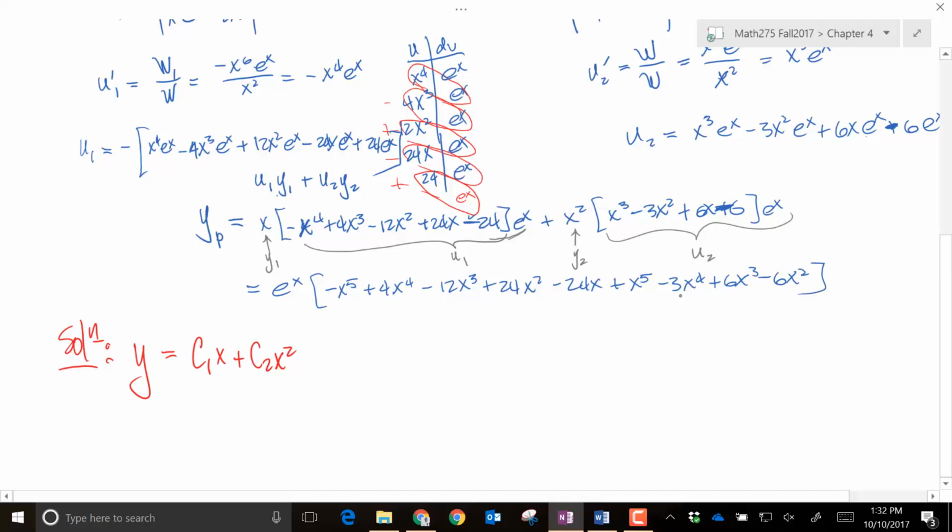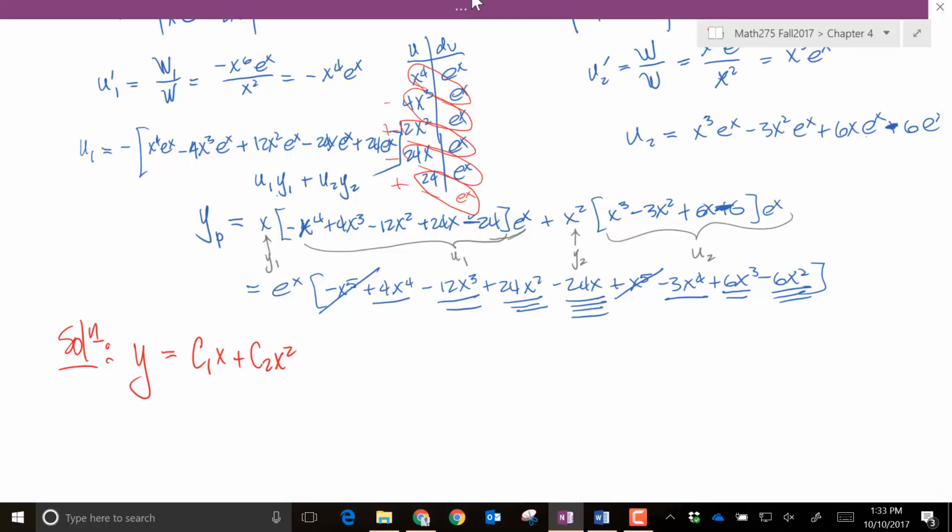And let's see stuff disappear here. That disappears. This is going to be x to the 4th minus 6x to the 3rd minus 18x squared, and then 24x by itself. All right, so that's what we'll use.